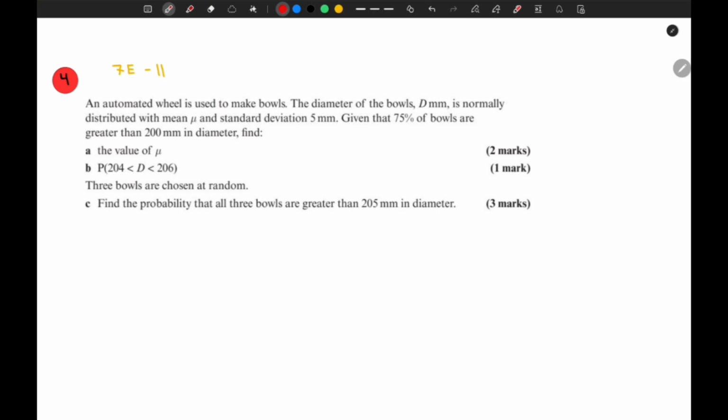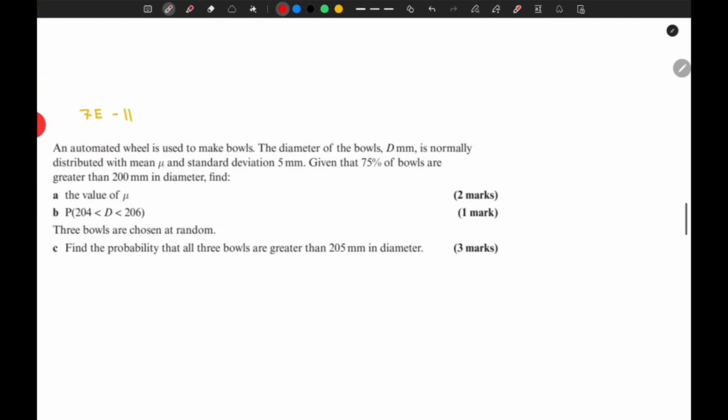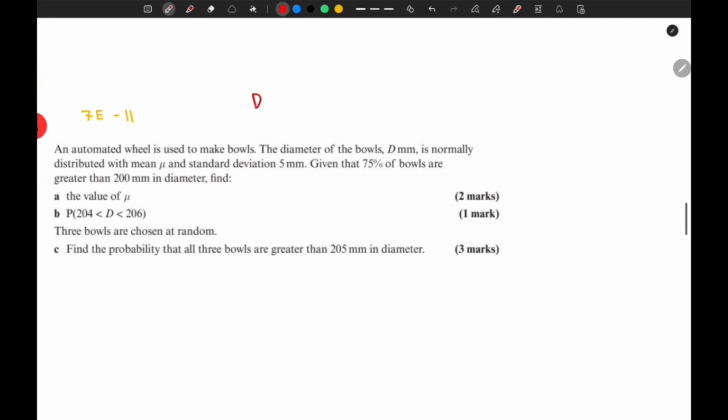So let's start. An automated wheel is used to make bolts. The bolt's diameter is normally distributed with mean mu and standard deviation 5 millimeters. So we can say that D is normally distributed across the mean and standard deviation squared.